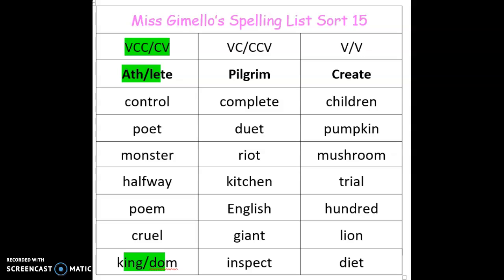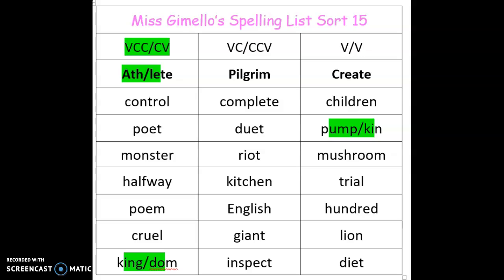Okay, my other word is pumpkin. So my break is here, pumpkin, and that follows the vowel, consonant, consonant with the break, consonant, vowel.